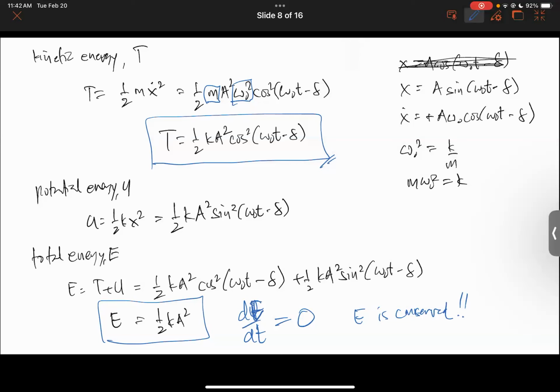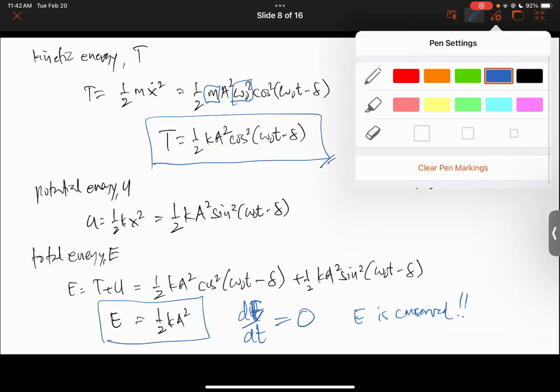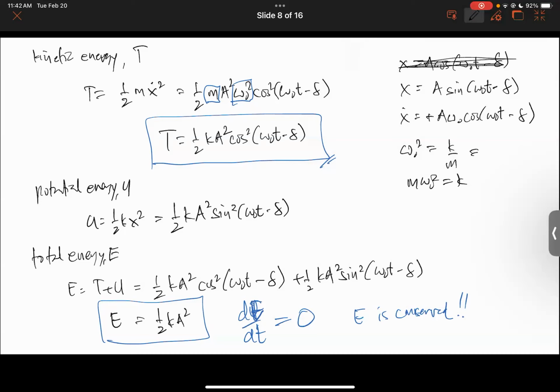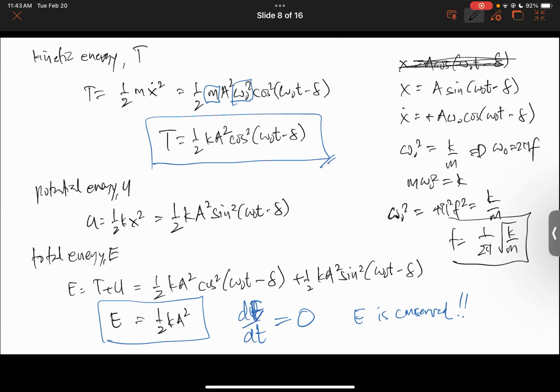So from here, we get all these different parameters. Of course, yung isa pang parameter na kino-consider nyo before is that yung omega naught is just 2 pi f. So we can say na for omega naught squared is just 4 pi squared f squared is equal to k over m, or f is equal to 1 over 2 pi square root ng k over m.